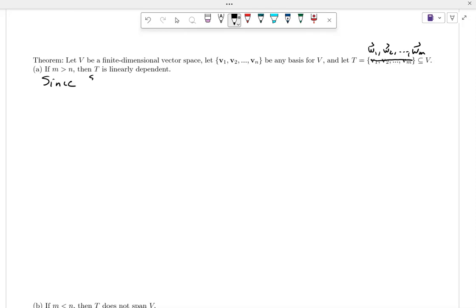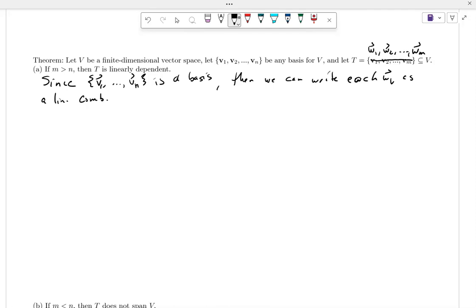Since our V1 out to Vn is a basis, then we can write each of our W sub i as a linear combination of the V's.